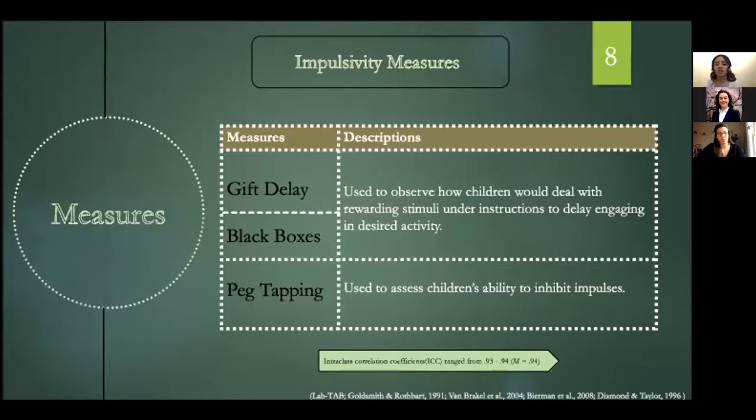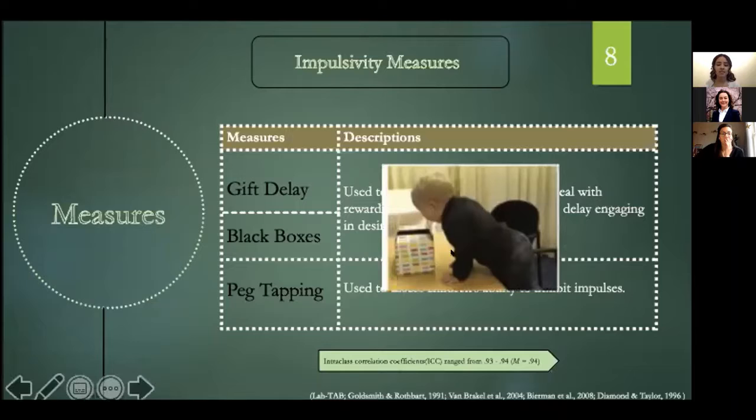Coders were trained to specifically look at children's inability to delay gratification and resist temptation to open the gift. This here just gives an example of how an impulsive child may look during this task.